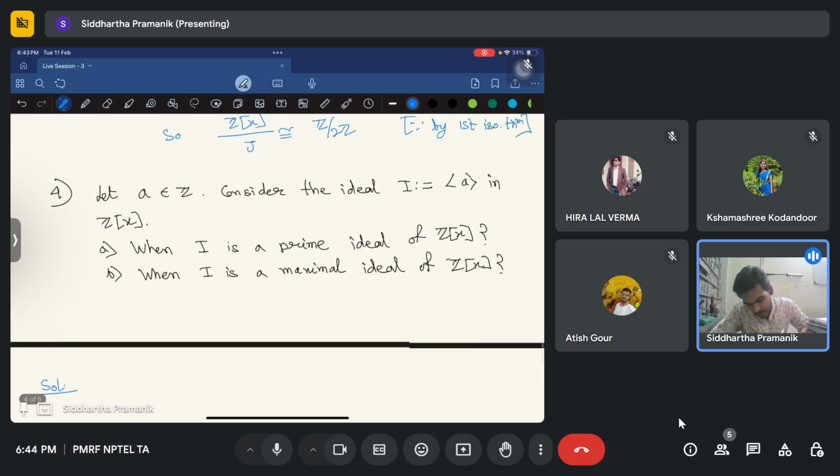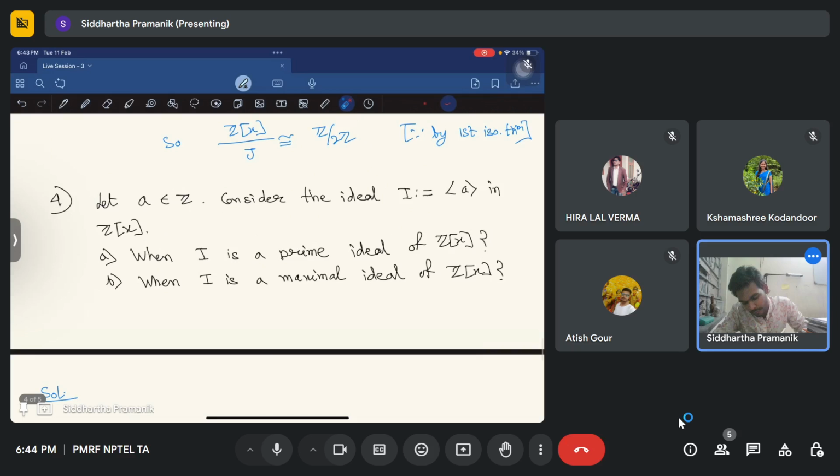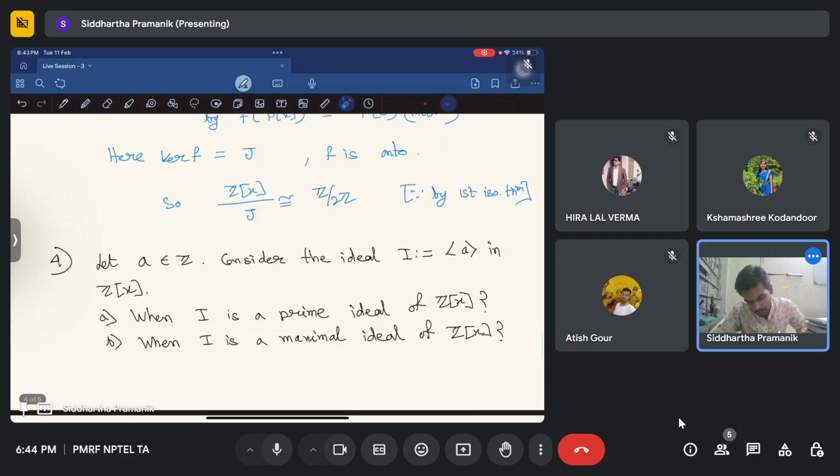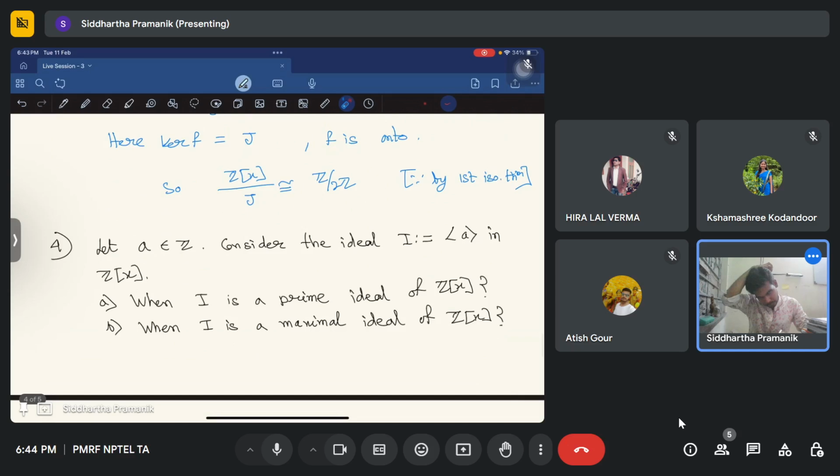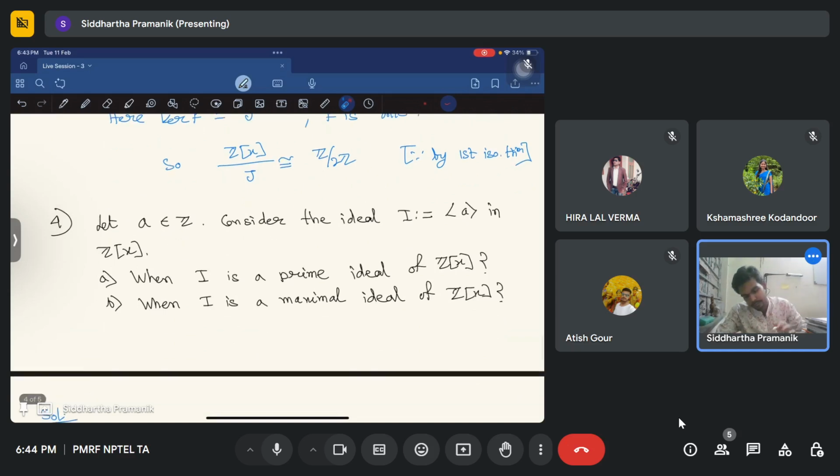Can you try the first one by using the previous problems or guess any answer? Just use the first problem which I have done.